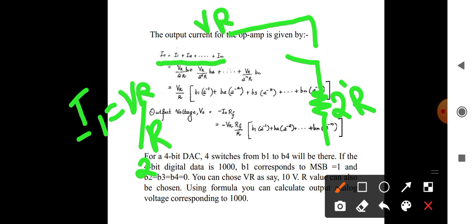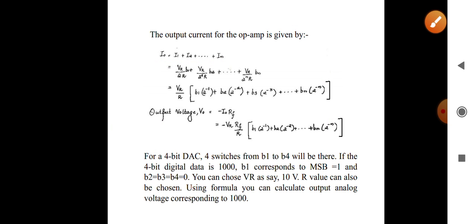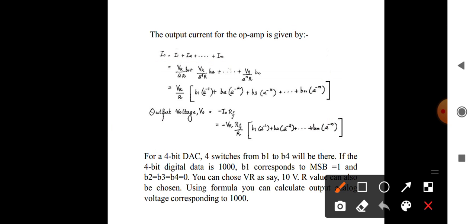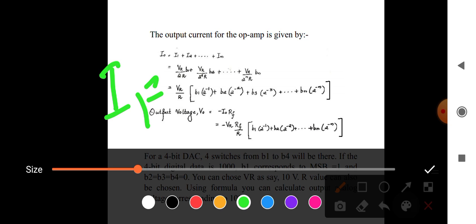So I1 is equal to VR by 2R into what? Into this binary bit B1. B1 is the binary bit corresponding to this one, so that we have multiplied. So what is the I1 here?